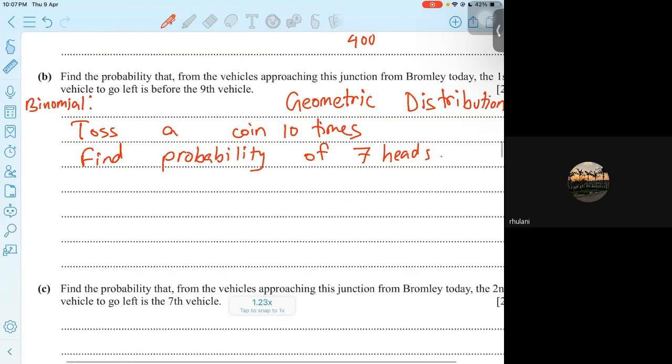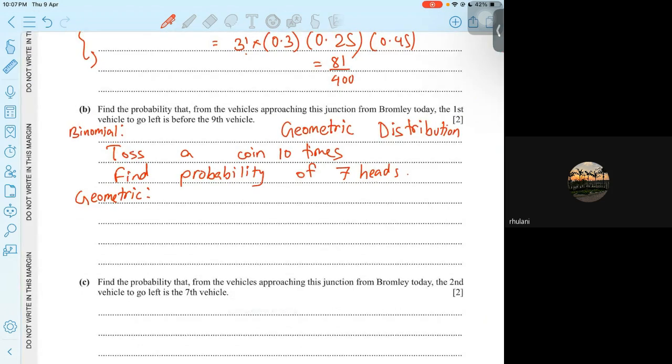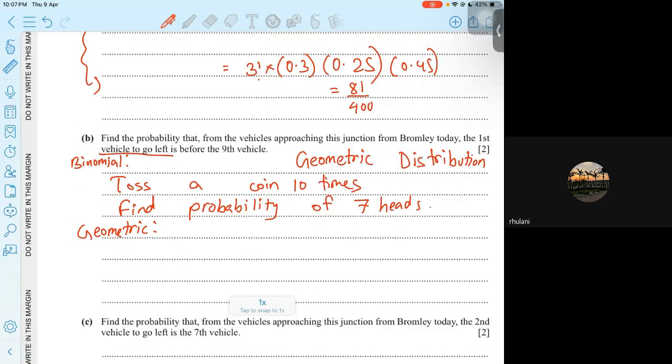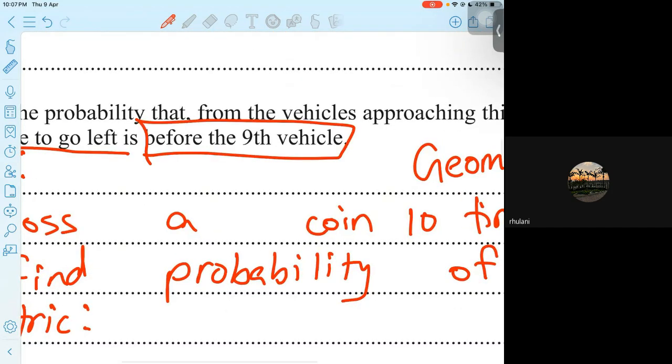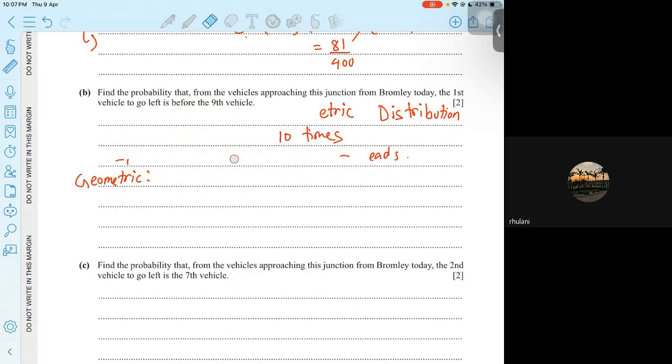Whereas geometric tells you that we keep on doing something until we get the first success. So in this case, the success was considered for a vehicle to go left. And we consider that that is going to happen before the 9th vehicle. That's basically the difference between binomial and geometric.